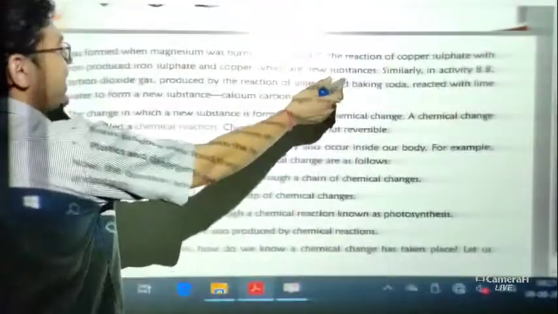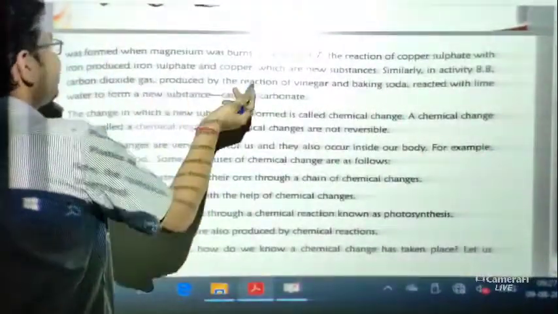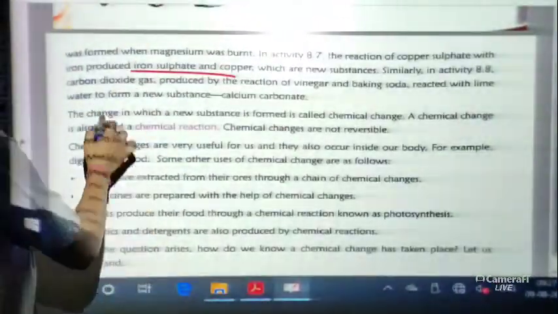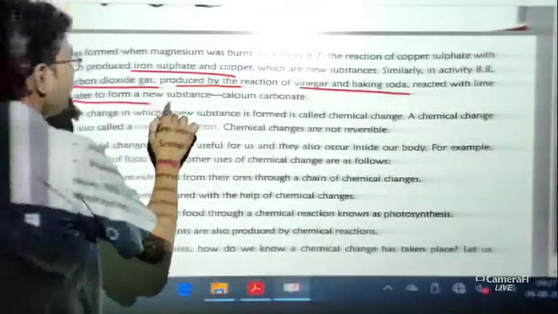In activity 8.7 we have seen the reaction of copper sulfate with iron, which produced iron sulfate and copper. So iron sulfate itself is a new substance. And in the third case, activity 8.8, the last activity that we have discussed, carbon dioxide gas is produced in the reaction of vinegar and baking soda, and it reacted with lime water to form a new substance, which is calcium carbonate.